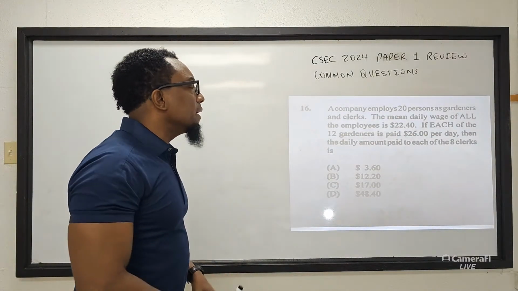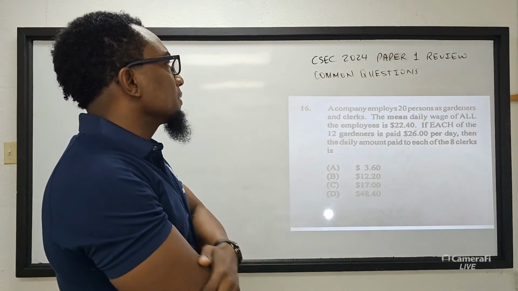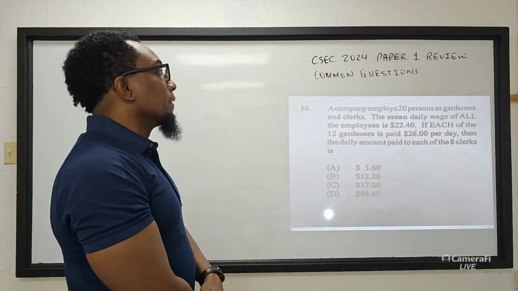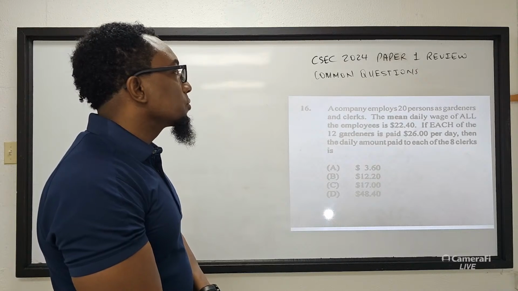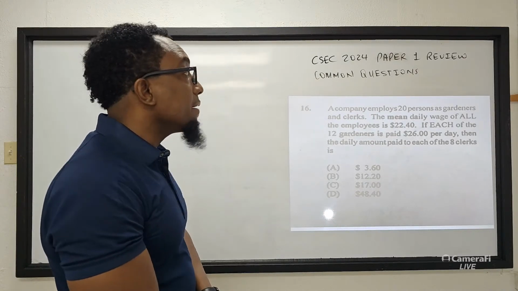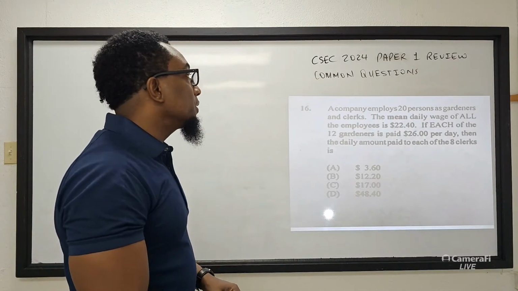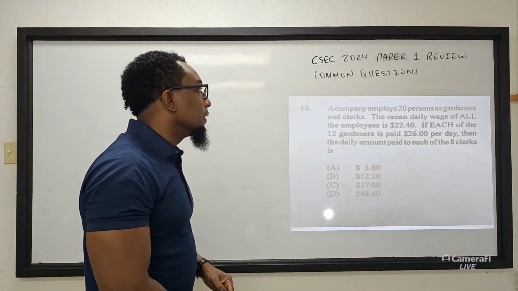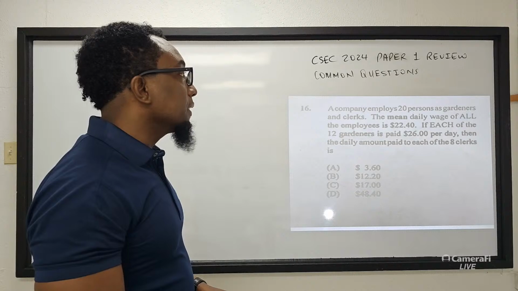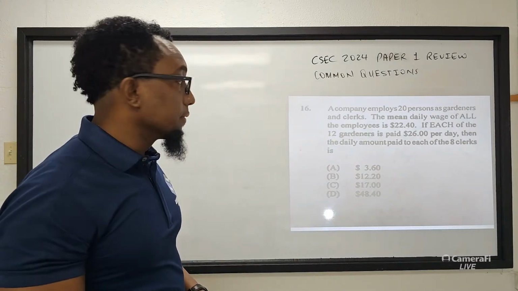Right, so a company employs 20 persons as gardeners and clerks. The mean daily wage of all employees is $22.40. So that's the average daily wage. If each of the 12 gardeners is paid $26 per day, then the daily amount paid to each of the 8 clerks is?